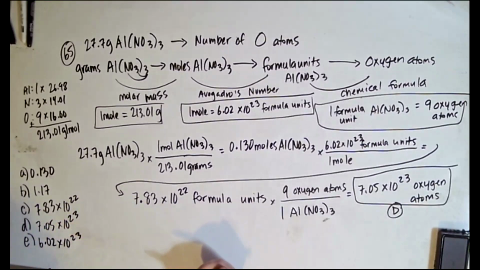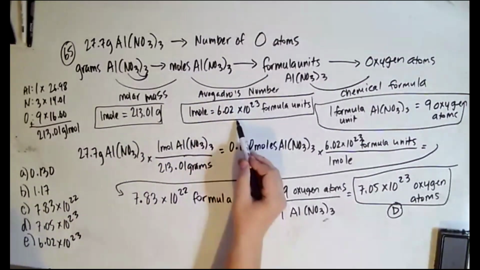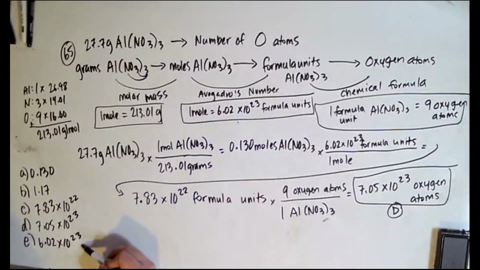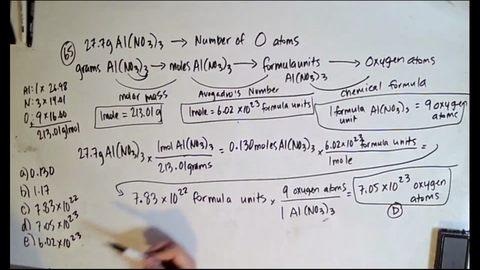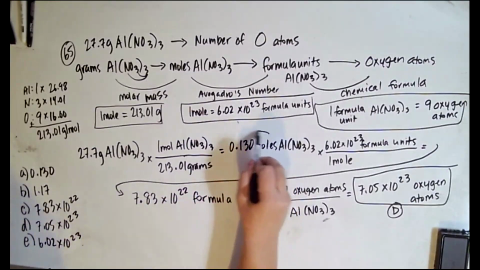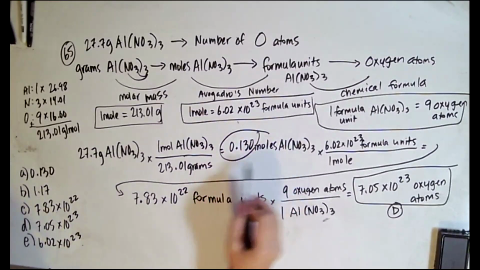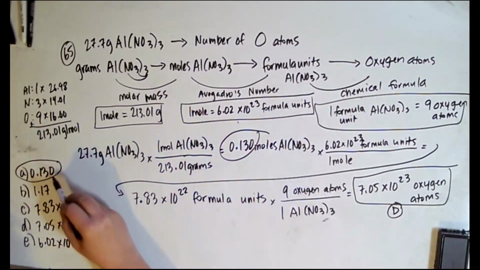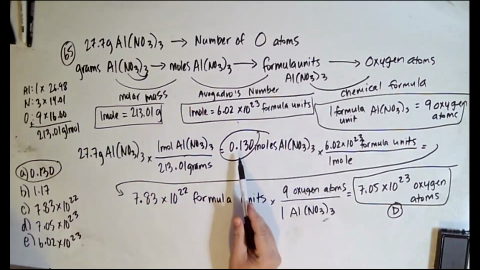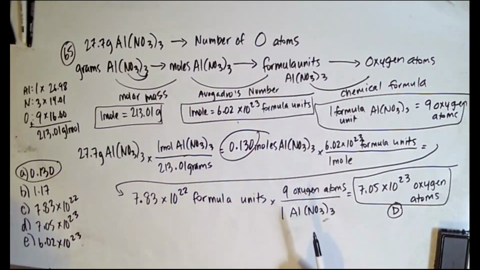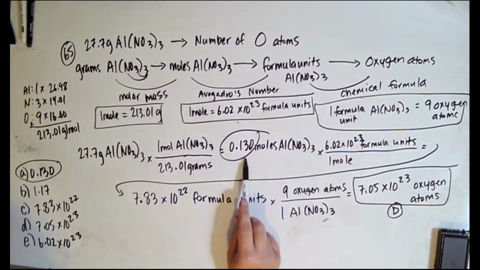Okay. Now, when you're looking around at all the work you did, you see some similar numbers here. Avogadro's number right here. So they're giving you a number that looks familiar. If you're doing your calculations right, 0.130 rather, you get that number in your calculator. It's not the right answer, but it's part of your calculations. And you have to know enough to understand that this is not the step that you stop at.